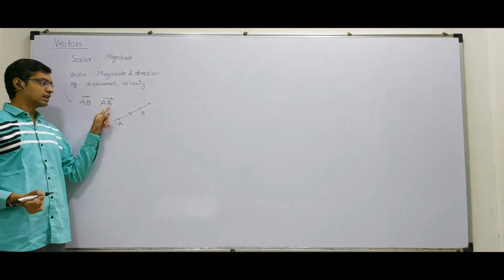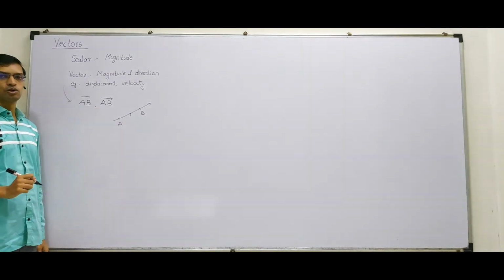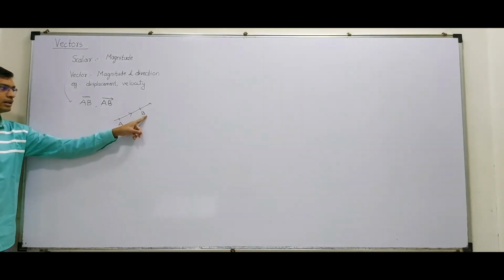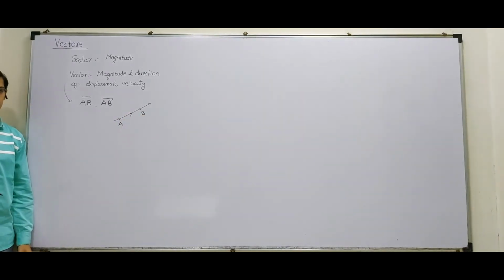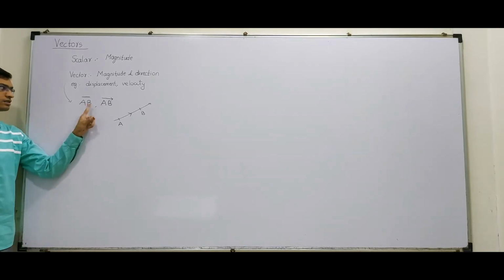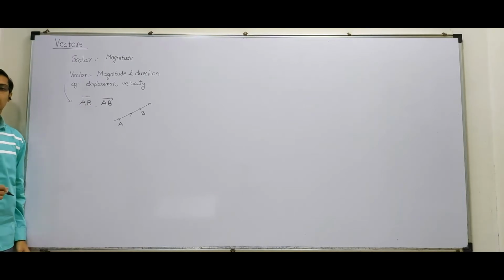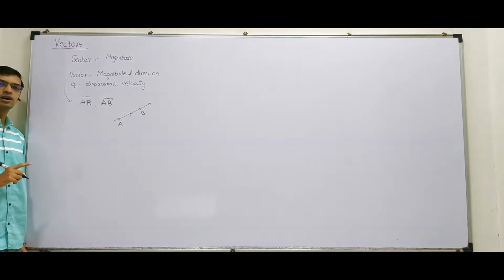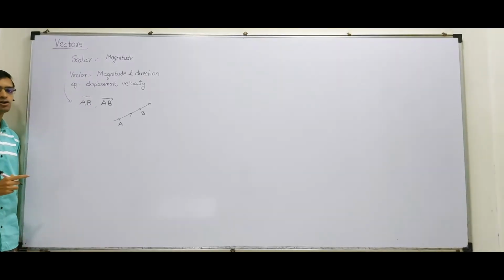So if I am writing a vector, I need to show the direction also. Always it is mandatory to represent vectors by a bar. If you are writing about vectors and not mentioning the bar, you will get 0.